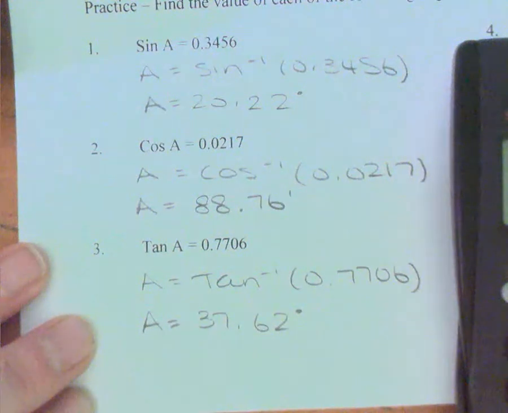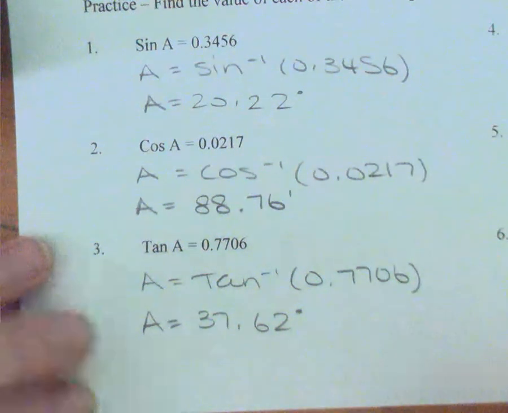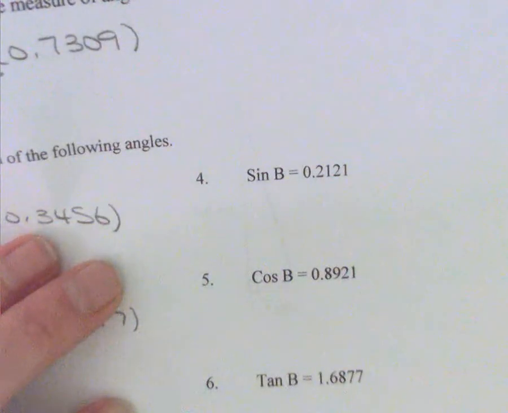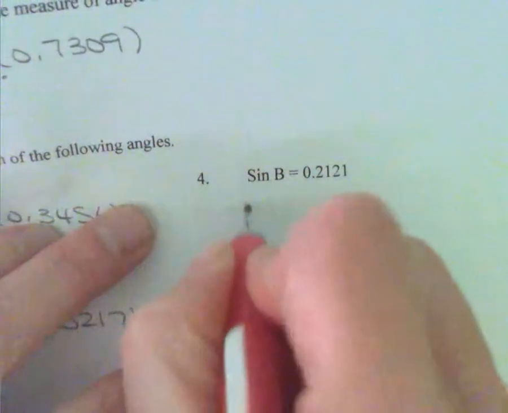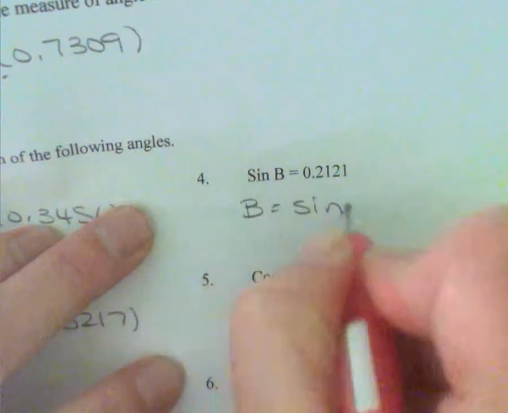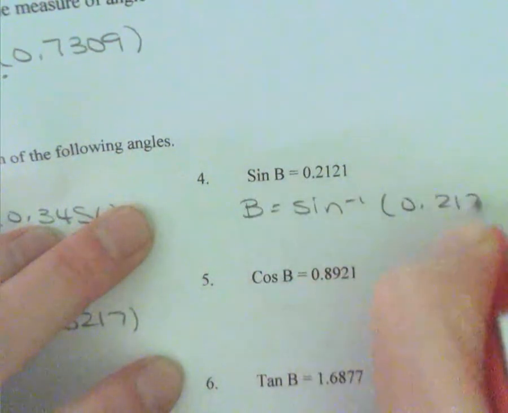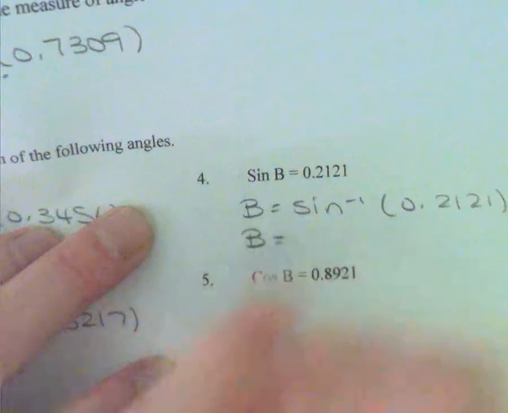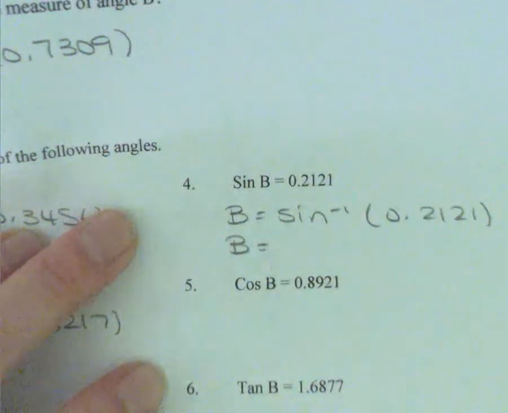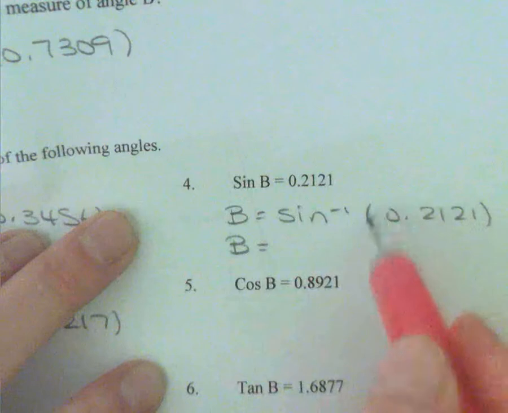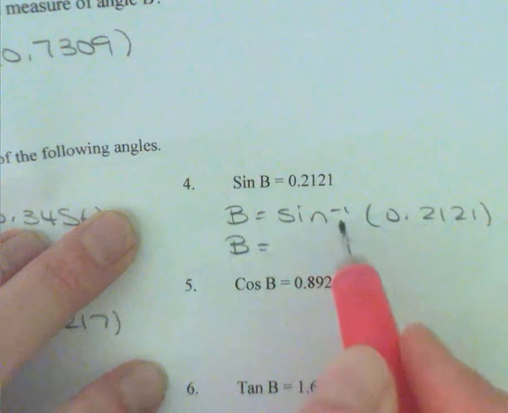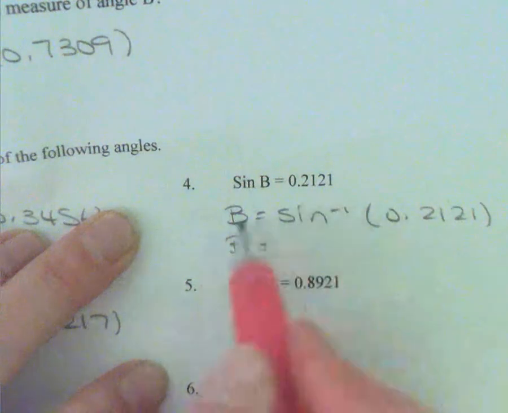Okay, so you should be trying these on your own and then using this video to help you out. Okay, I'm going to do 4, 5, and 6 now. Okay, and remember, if you have a different type of calculator, you should be doing this, shift or second to get this, and then equals.